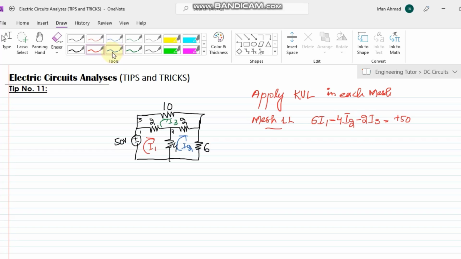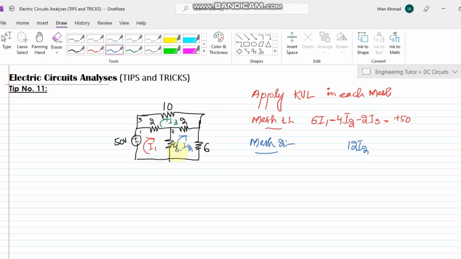Similarly, for mesh number 2, let me use the same procedure. Adding all the resistors in mesh number 2, I add 6, 4 and 2, that is 12, and since it is the second mesh, I write the current I2. So that is 12I2. Which resistors does it share with other meshes?